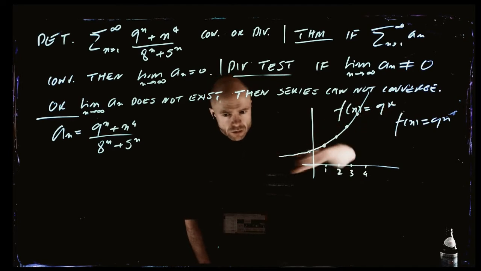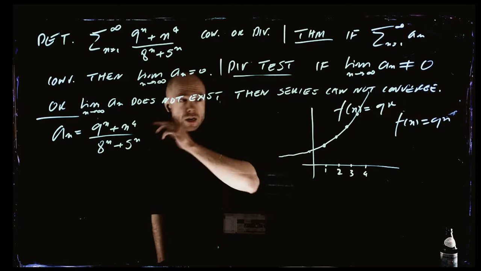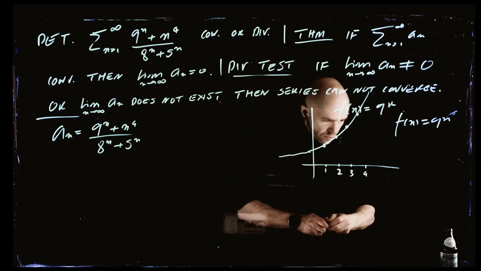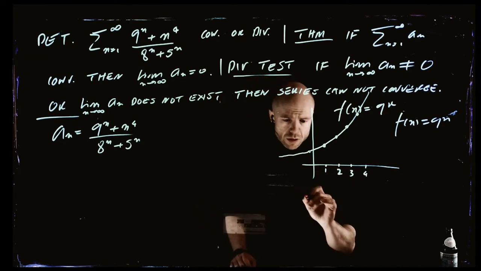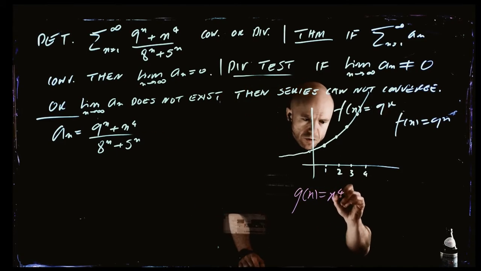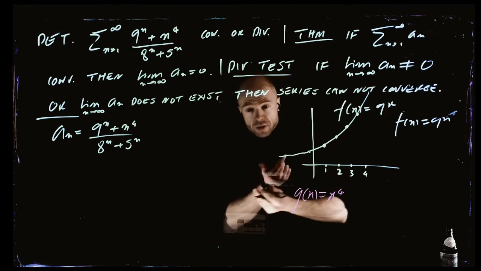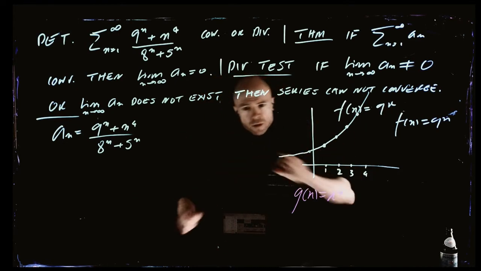So this one lives on this graph that blows up incredibly fast, whereas if we consider the other one, the function that recovers it is just x to the 4. And x to the 4 is not particularly fast growing compared to any exponential function, because exponential functions kill polynomials.